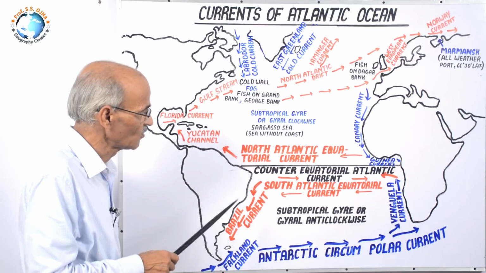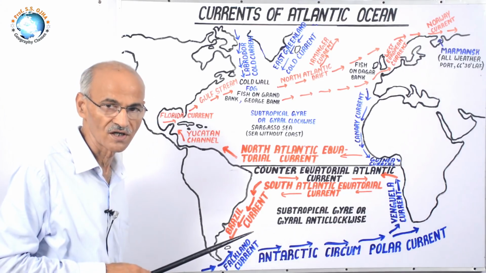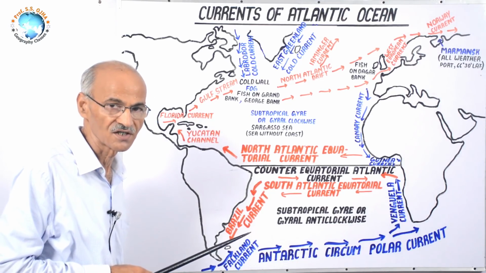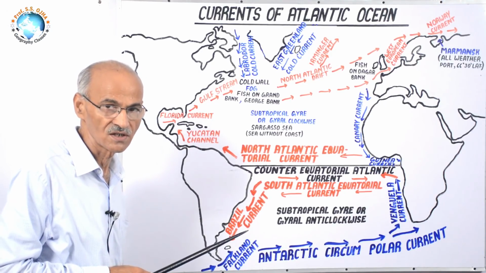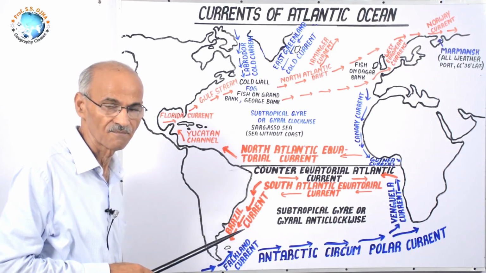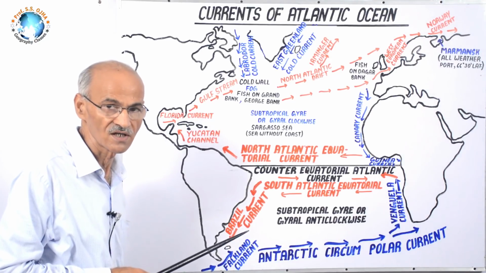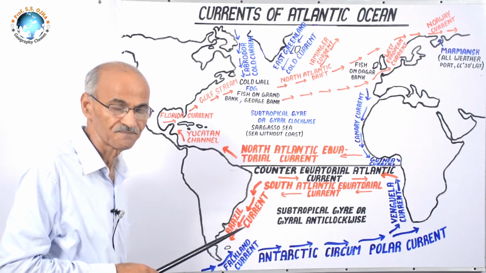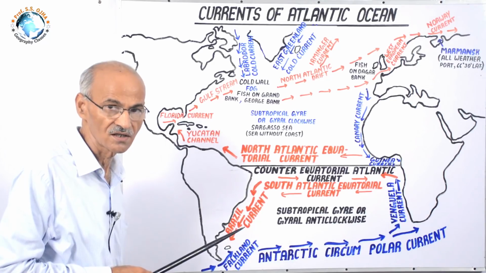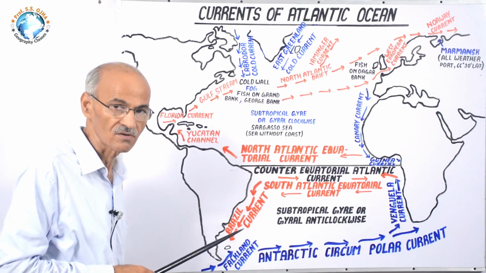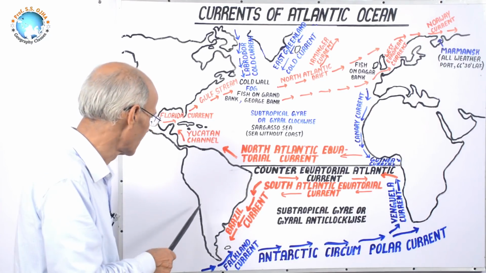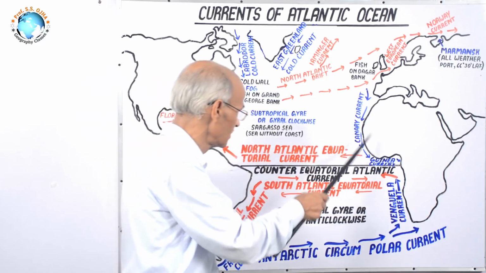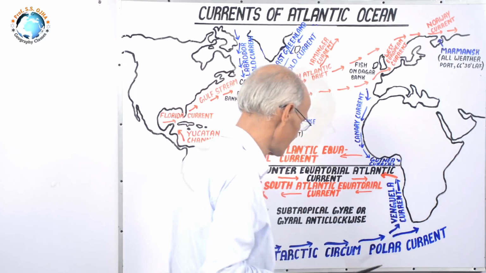But here, one more cold desert is found in Australia. To the west of Australia, as we will study, there is a West Australian cold current. That's why the Western Australia desert is also a cold water desert, which is the fifth.